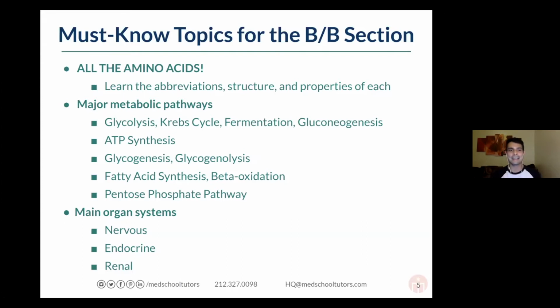I can guarantee you are going to see several questions that rely on deep knowledge of the amino acids. And I know that can be daunting at first, but I promise you with practice and repetition and a little creativity, you can absolutely learn everything you need to know about the amino acids.